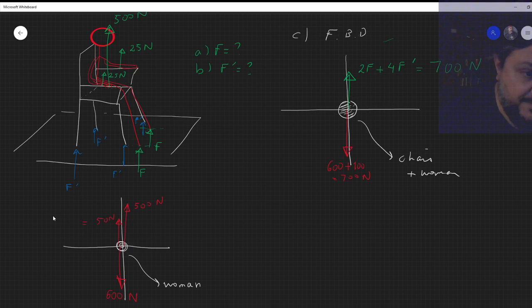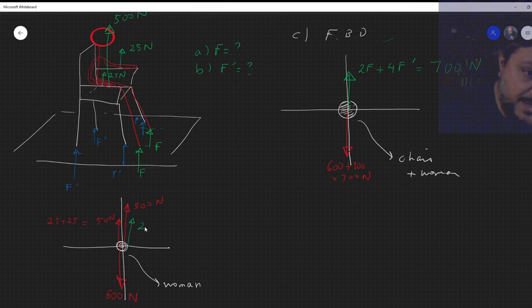This is 25 plus 25. Okay, so we already have a total of 550, but that's not enough to compensate for 600 newtons. We need 50 more. And that's going to come from the force the floor exerts on her feet.